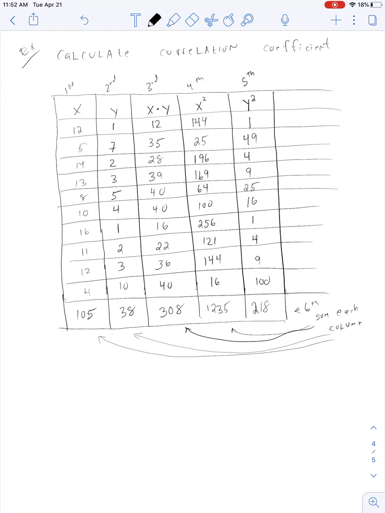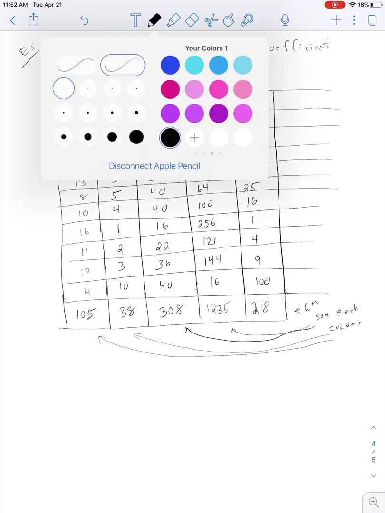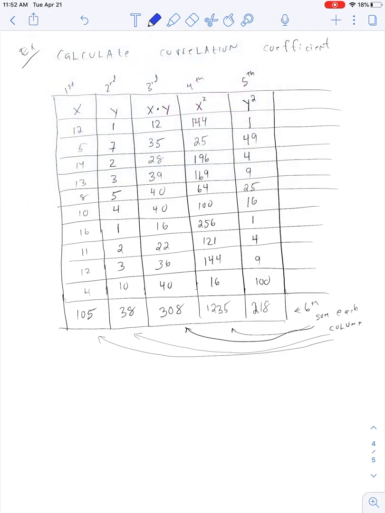And each one of these has a specific labeling, which we talked about in the past. Because we summed x, we use our notation, Σx.